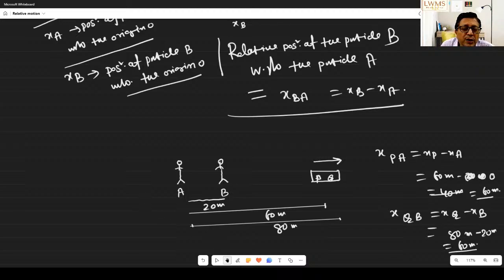Clear? A is the origin here, so XA is 0. So position of P with respect to A is 60 meter, position of Q with respect to B is 60 meter.